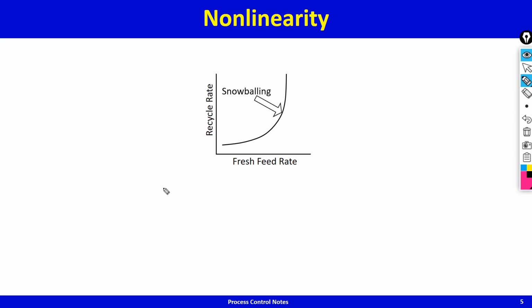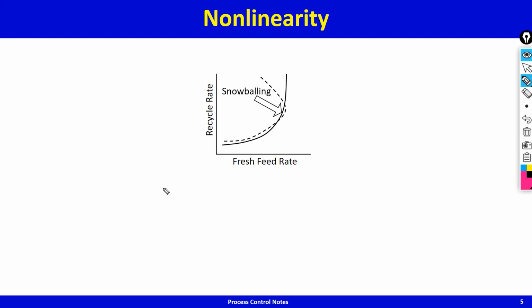The high sensitivity of recycle rate to the feed rate is called the snowball effect, and the snowballing region corresponds to that high slope region. I've also seen processes where the relationship between recycle rate and fresh feed rate is not monotonic; it shows a turning point.